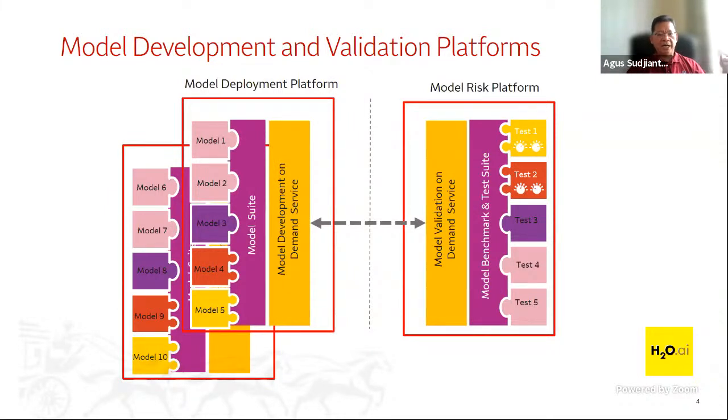And I put it in the picture here. We have a series of models, many models, and many tests done by various different groups, and they need to be able to connect, to be able to invoke on-demand testing from both sides. So this is the thing that we're thinking about. The model developer is building an application of the model itself. They need to be tested.